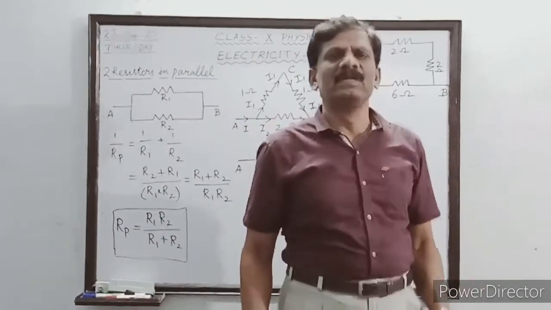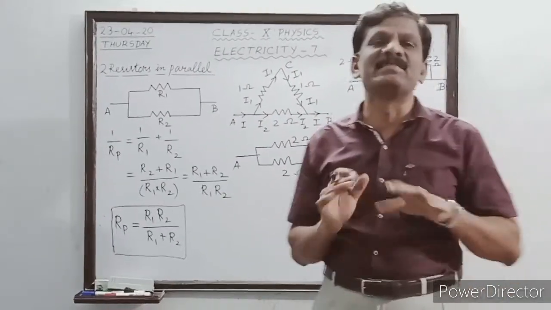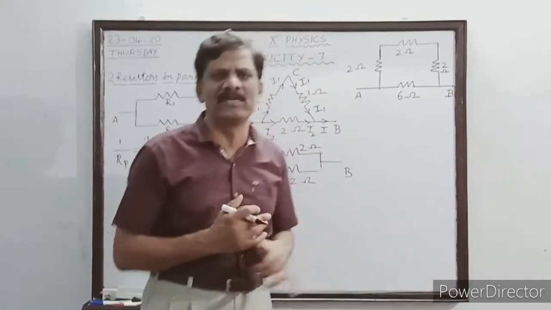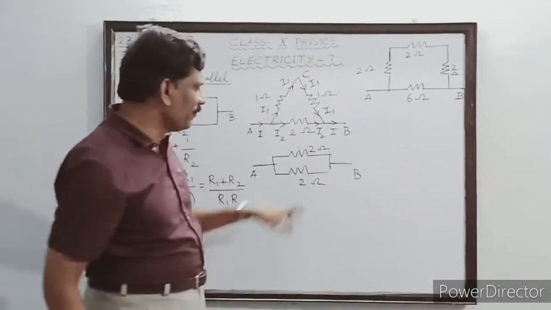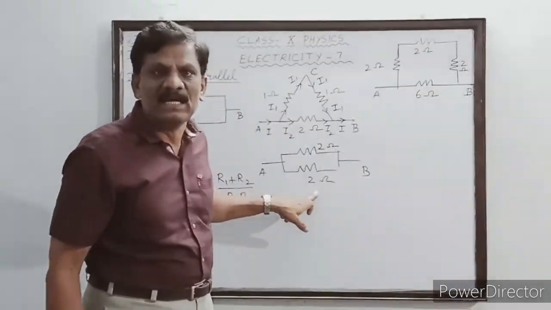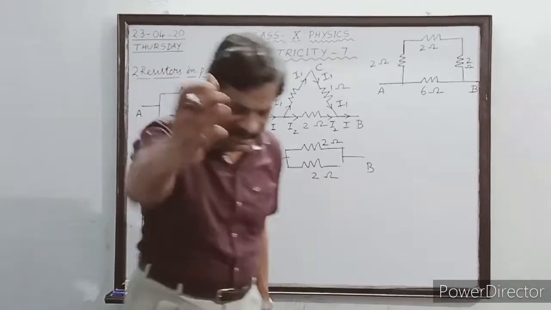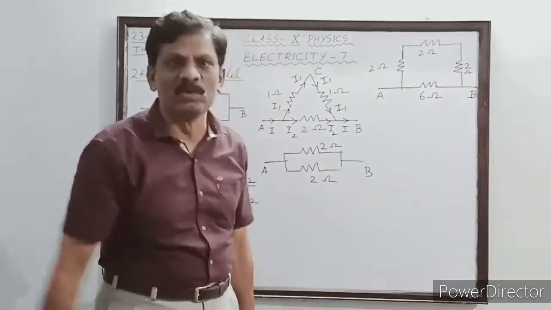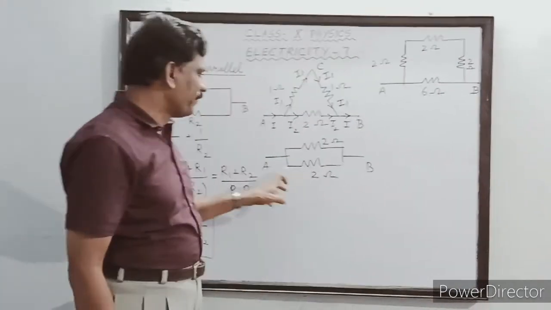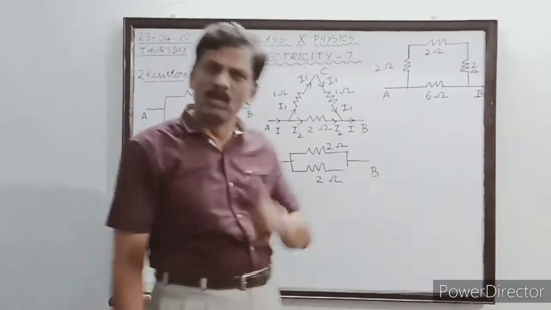Now instead of doing by formula, in competitive exams, MCQs and all, quickness should be there in solving the problems. I have already told you that if the same value of resistors, 2 ohm each, are connected in parallel, what should be the effective value? Yes, good guess. Half of that 2, that is equal to 1 ohm. Good. So the effective resistance of this combination is equal to 1 ohm.